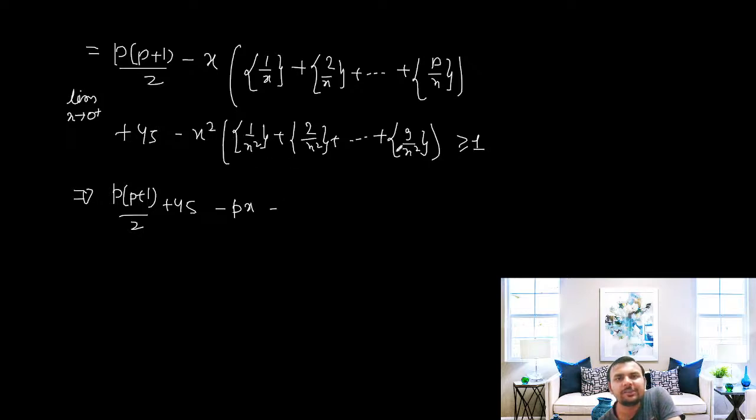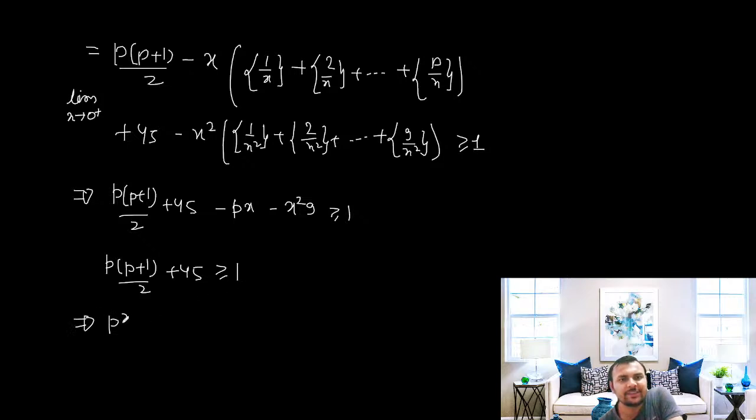And if it is an even bigger number, it is going to be x square into 9. If it is maximum, that means it is 1, and x is tending to 0. So it is p plus 1 by 2 plus 45 bigger than or equal to 1.